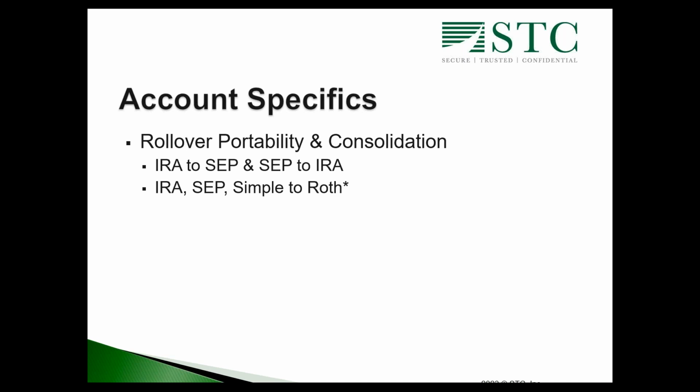If you convert any monies from those types of accounts into a Roth, then there will be a tax consequence. We'll talk more about that, but just keep that in mind. You can consolidate like accounts and there's no tax consequence, but if you're moving from a pre-tax type of account to a post-tax, then you will have a tax consequence.